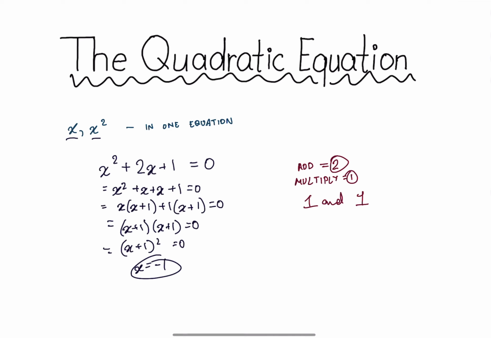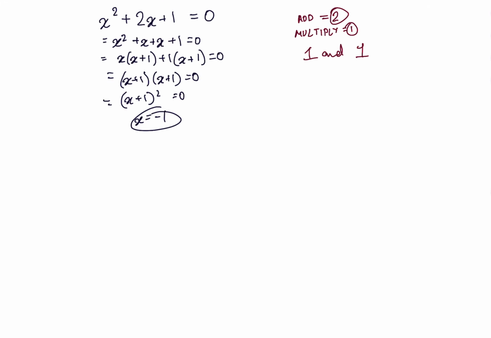But what if we had a really complicated equation and it isn't easy to find out what the answer would be? Say we had an equation such as x squared plus x equals 870. So what we do is bring all the terms to one side of the equation: x squared plus x minus 870 gives us 0.